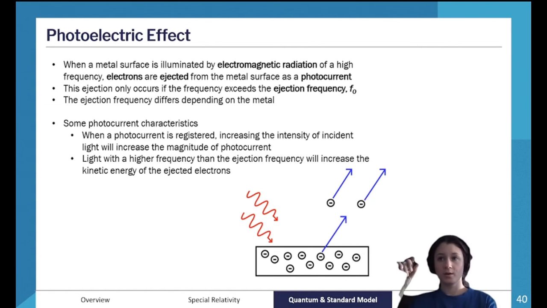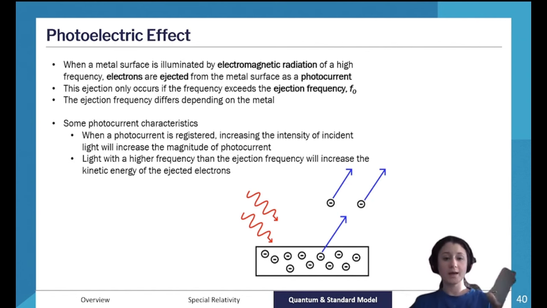So, if you increase the frequency of the light, then that will increase the amount of energy that the electrons have. But if you have a really, really high frequency, but a really dim light, only a few electrons will come out.